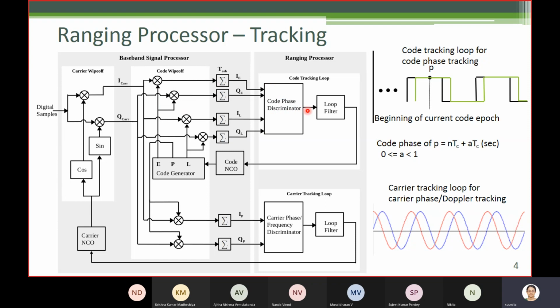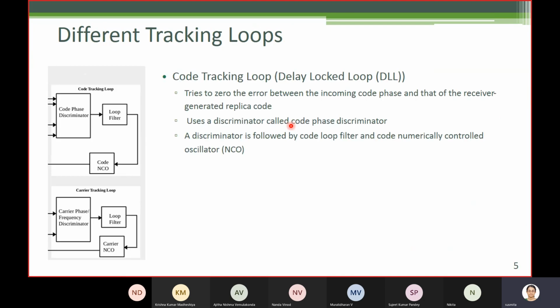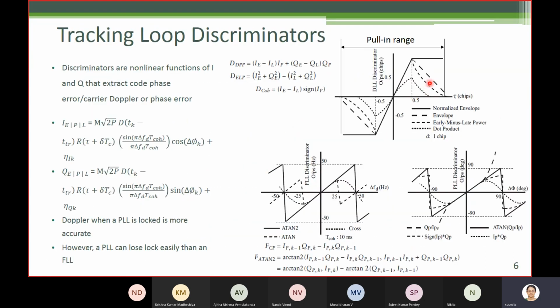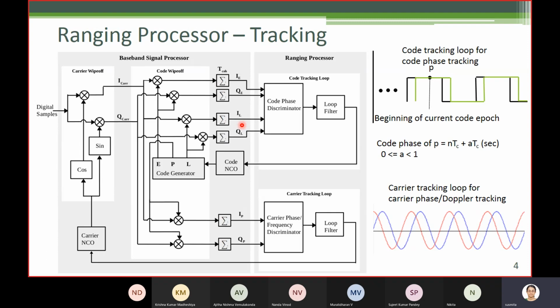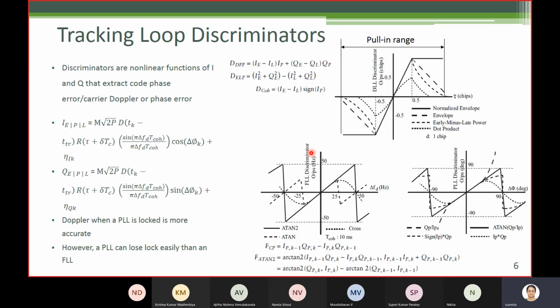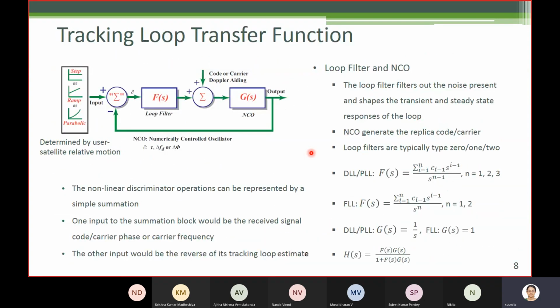So this gives some tau, this gives some delta phi or delta FD. And if the discriminator operates in this linear region, then we can transform this complicated loop into a simplified block diagram as follows, like this.